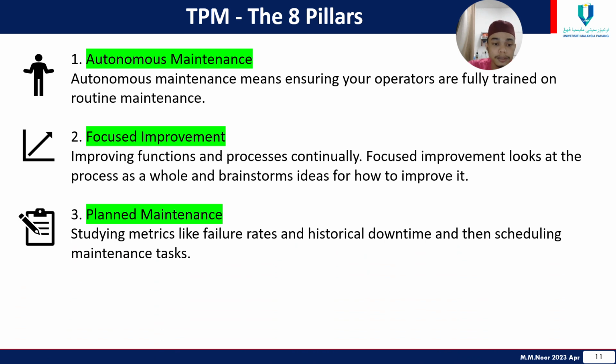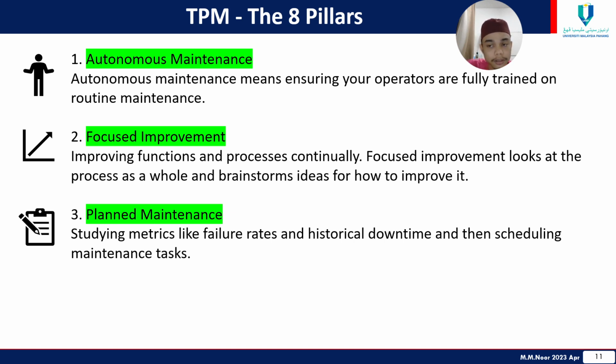Number 3, planned maintenance. Setting metrics like failure rate and historical downtime, and then scheduling maintenance tasks. For example, if some machine that has been maintained still has an error, some part with the error needs to be changed every 3 months.